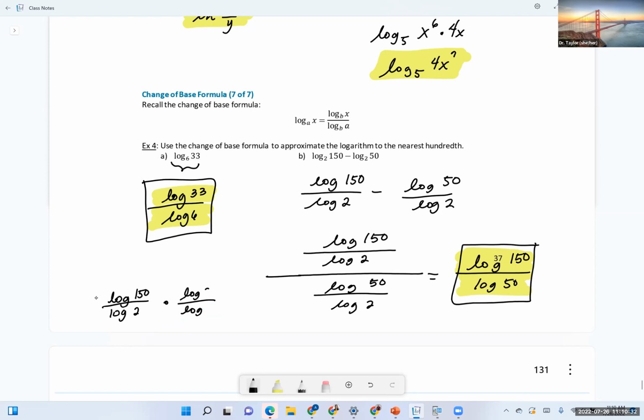So you're multiplying by log 2 over log 50 like that. Well, log 2 is on top and bottom. So you end up with just log 150 over log 50. That's how when we say, oh, they have the same denominators, you can just disregard them. You're not really disregarding them. You just know they multiply out to 1.